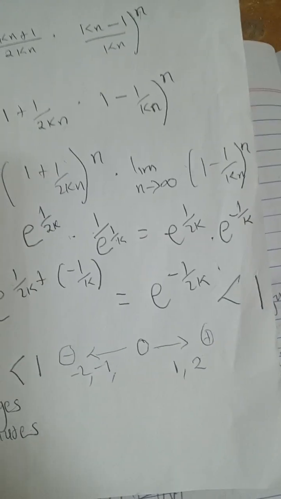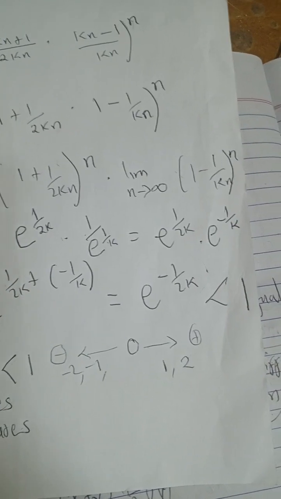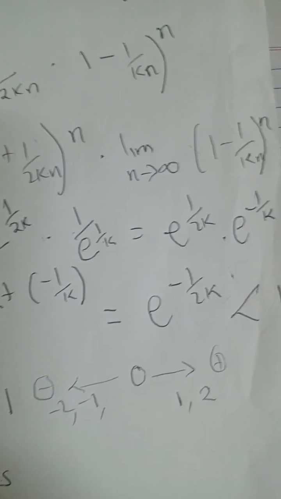So let's start. If I plug in 1 for k, I'm going to have e raised to the power -1 over 2. Now k is equal to 1, so this is just going to be e raised to the power -1 over 2.